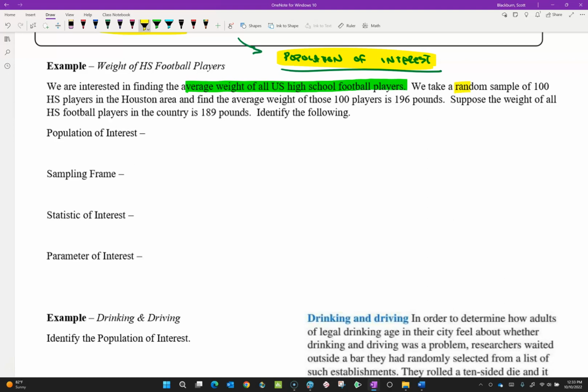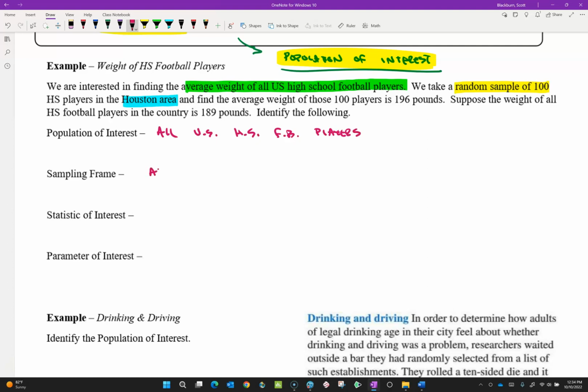We take a sample of 100 players from the Houston area and the average weight of the 100 players is 196 pounds. Suppose the weight of all high school football players in the country is 189 pounds. Identify the following. Population of interest: all U.S. high school football players.